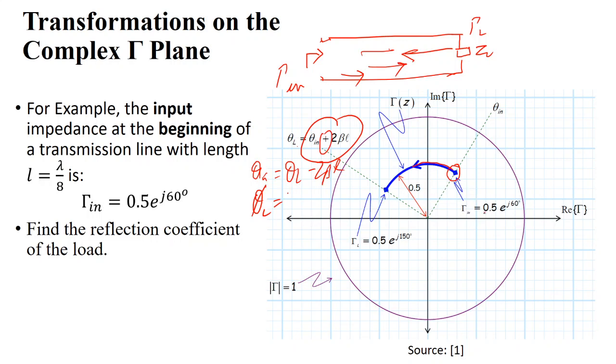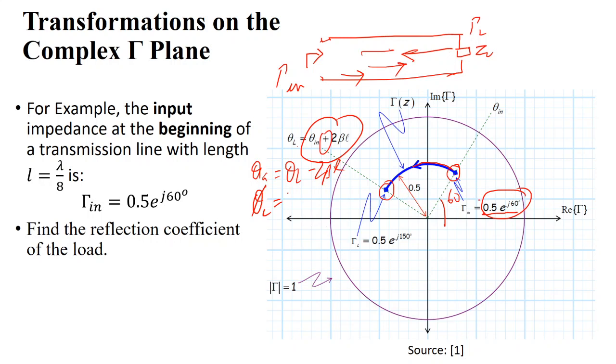Let this input impedance have the reflection coefficient of this point. So the magnitude is 0.5, and the phase is 60 degrees. Then you increase the length. For example, if you take lambda by 8, it will move 90 degrees. So you have to move 90 degrees from here on this line and you will reach here. So this will become the gamma. So you can easily find the reflection coefficient at the load here.